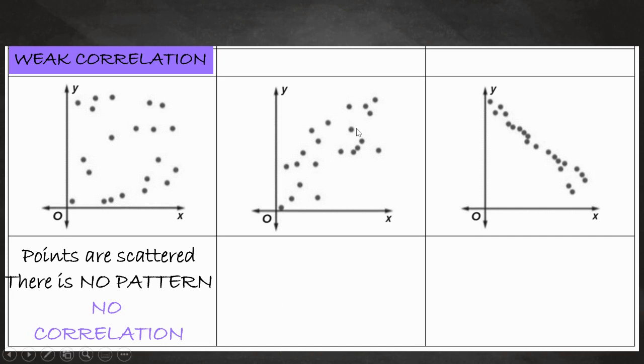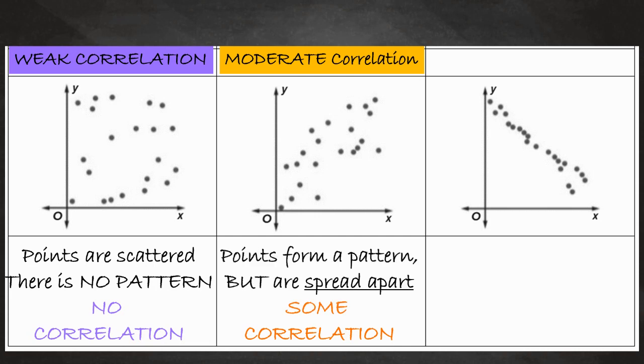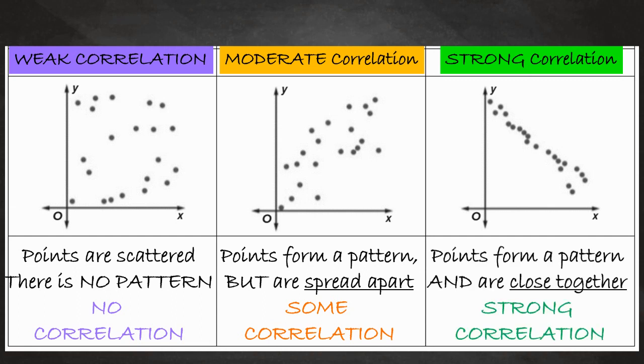On this second scatter plot, the points have clumped together a little bit more, but they aren't creating a straight line or a complete pattern. They're just a little bit closer together, so they have a moderate correlation. When your points form a pattern but are spread apart, meaning loose, then there is some correlation. And then we have a strong correlation. See how close together those points are and how they almost create a complete line? Then that means there is a strong correlation.